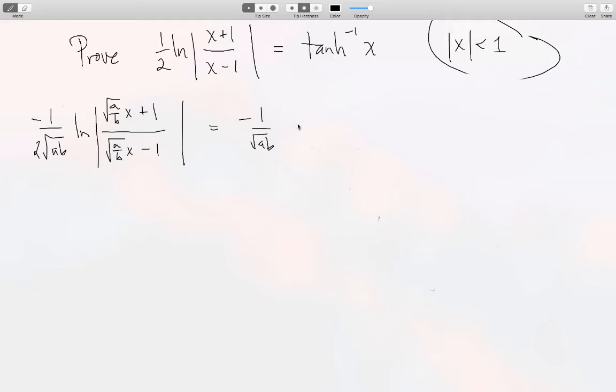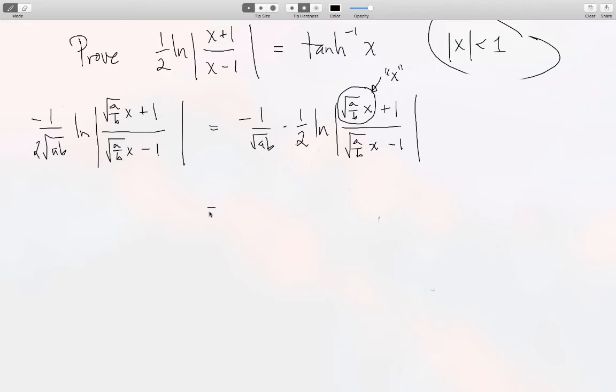So let's say how about if I said it like this? It's then times 1 over 2 ln. So what I'll do here is I'll just say that what was x before is now this whole thing, this is the x.